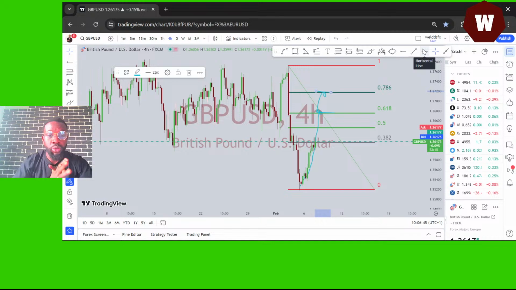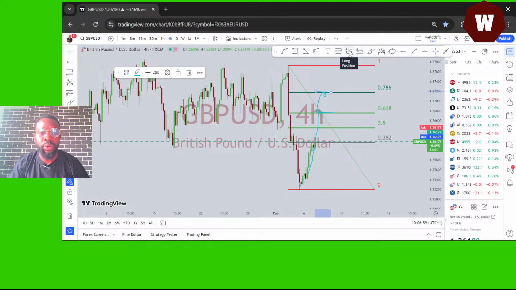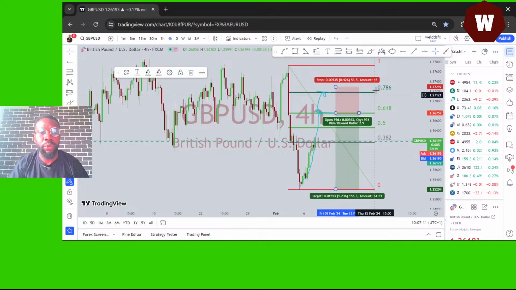So for now, if you are a swing trader, if you're going to swing this currency, you can place 2 pending orders. Divide your risk into 2 and place 2 pending orders. So we are taking a sell around here, which is my first target, my first entry zone.